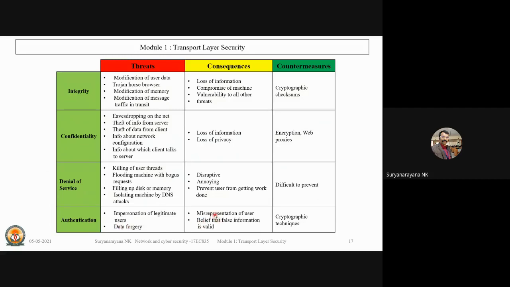The consequences raised are misinterpretation of the user, and here we believe even false information as true. The countermeasure we can take here is adoption of cryptographic techniques.